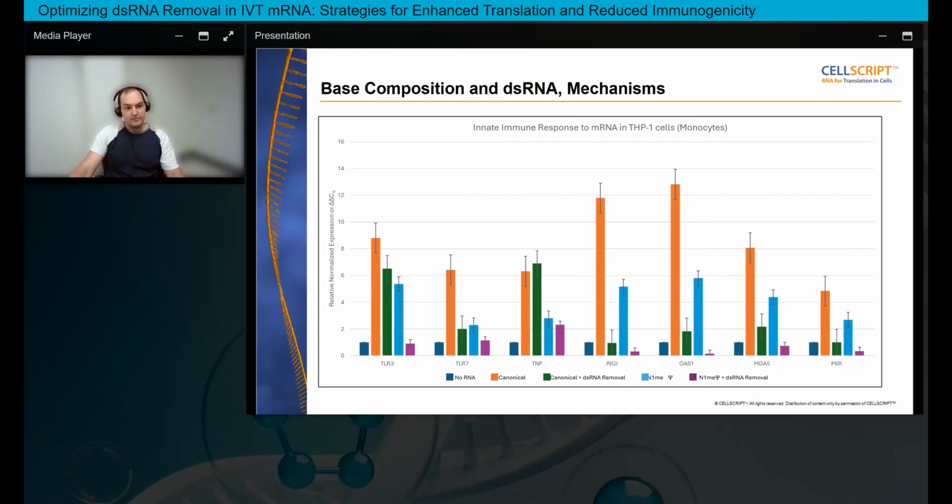But we took it one step further. We wanted to measure what the immune response was from these cells.